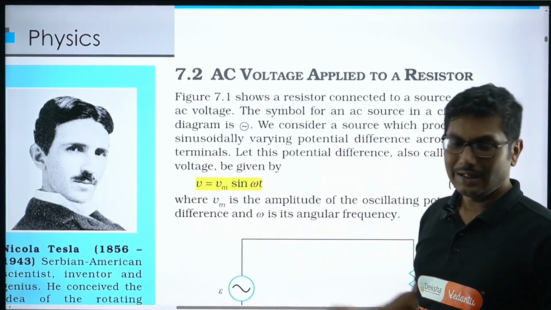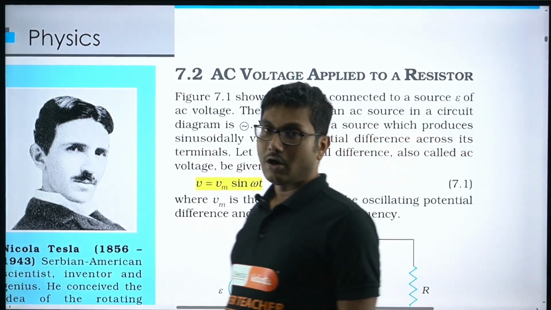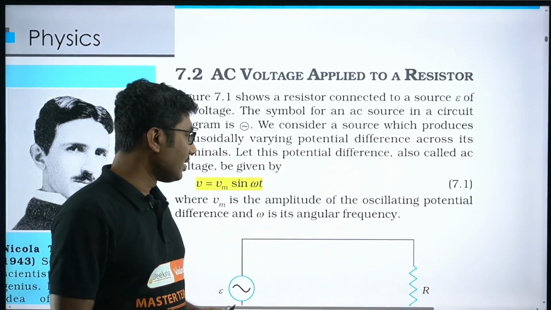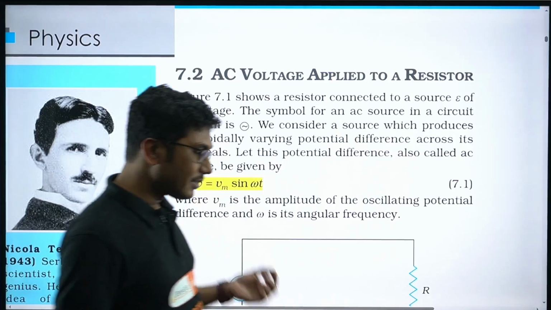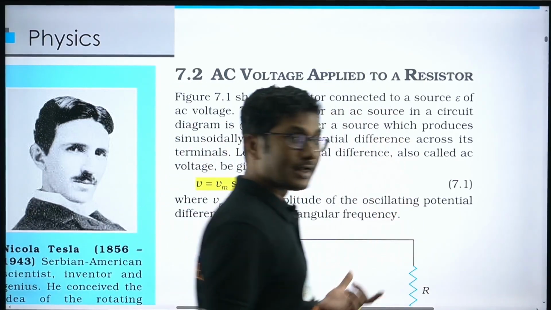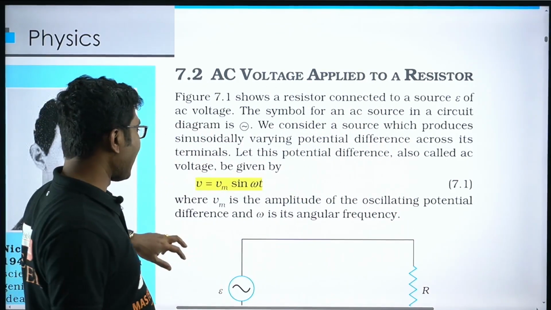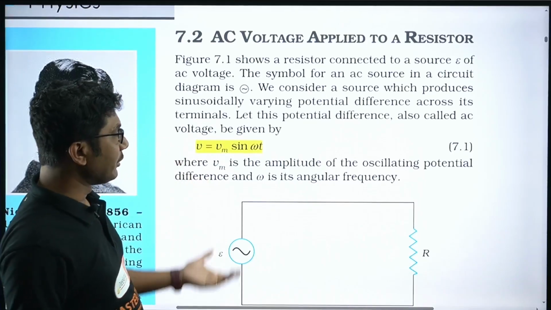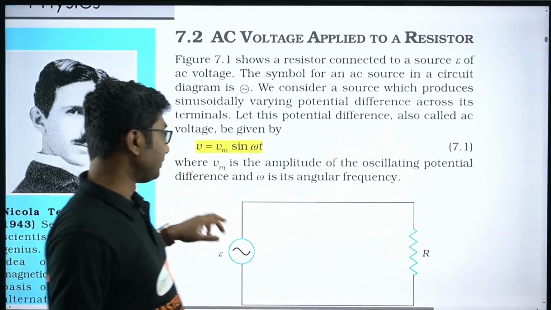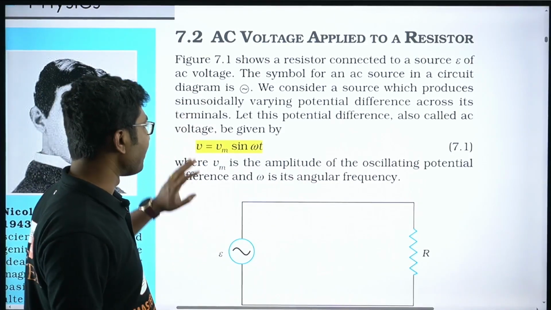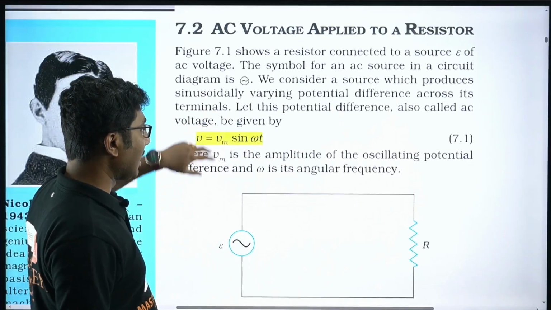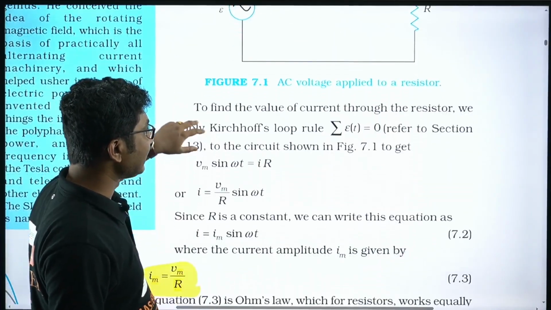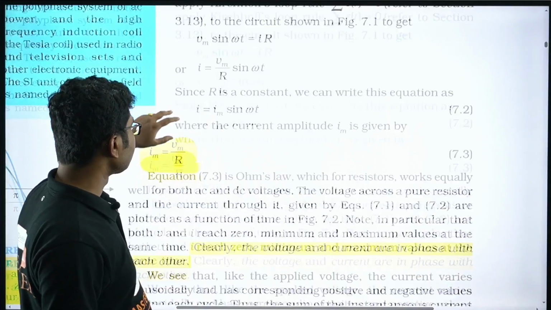Here omega is the angular frequency, or sometimes angular velocity, of the input voltage. Vm is the maximum value of the voltage, the peak voltage, or amplitude of the voltage, and omega is the angular frequency. This is the form that we use to solve numericals in our AC.